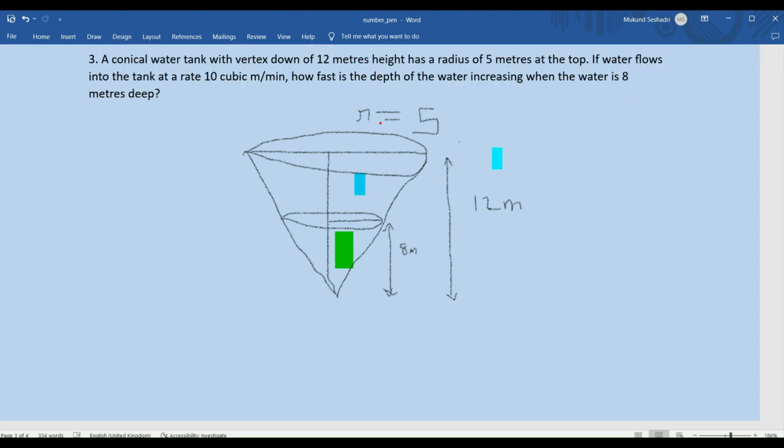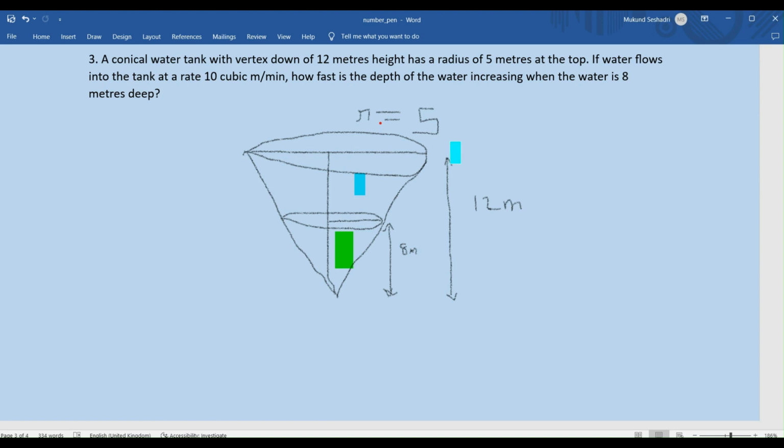Now these both are similar triangles, right? Because you've got a cone and the cone is a regular cone, right? So that's why we make this assumption.